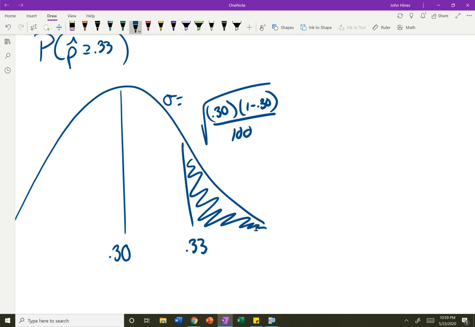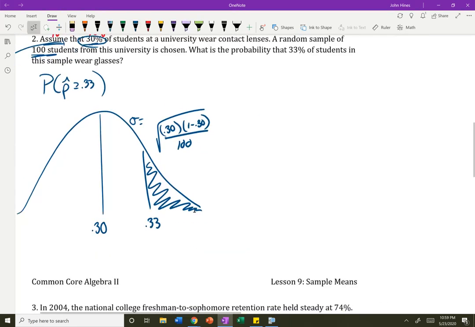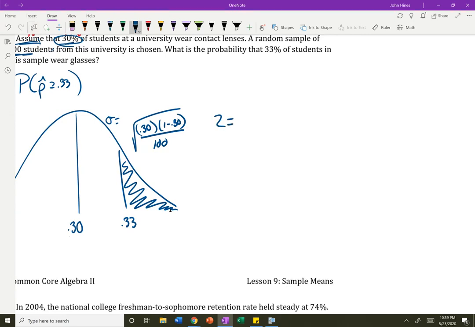That's how we compute the standard deviation for this normal curve. So when I get my z-score here, I want to do 0.33 minus 0.30, in terms of how many standard deviations am I above the mean.